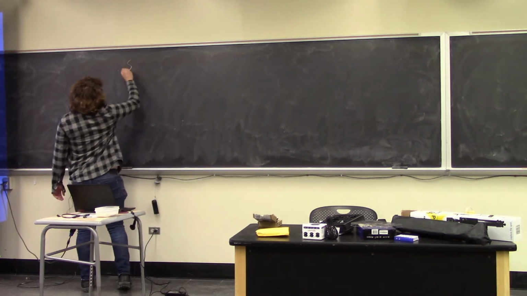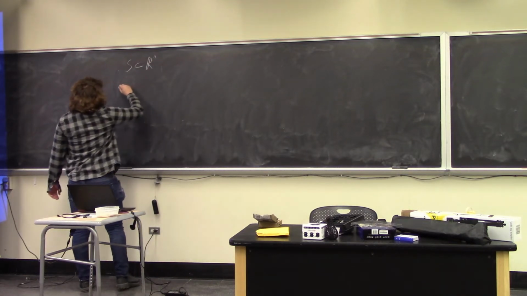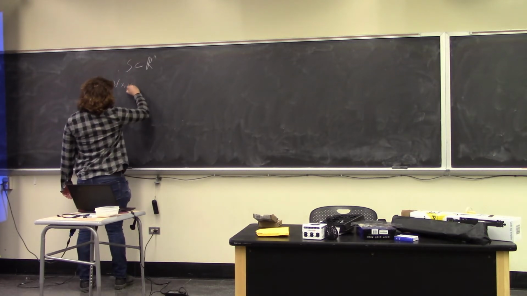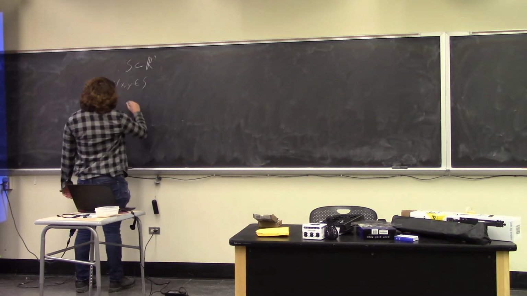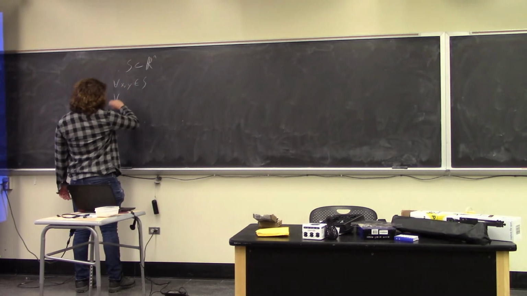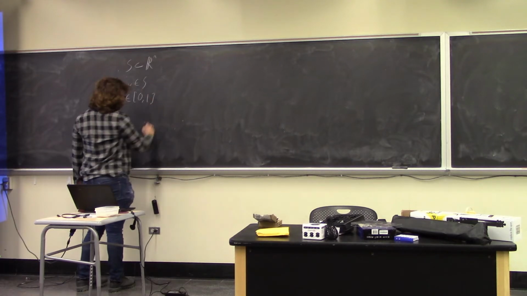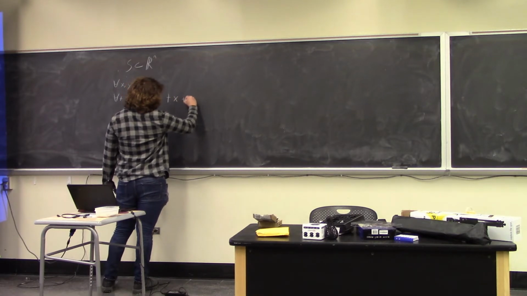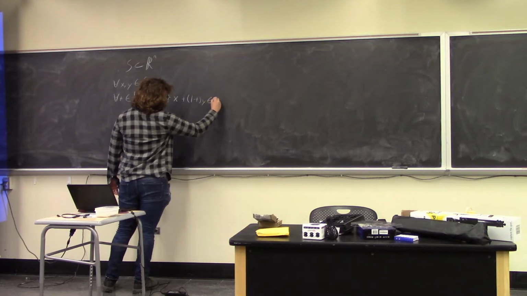Our set S is in Rn, and we have any x and y in S, then for all t in the unit interval, we have tx plus (1 minus t)y is in S.